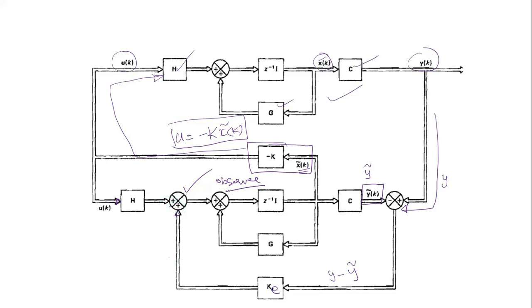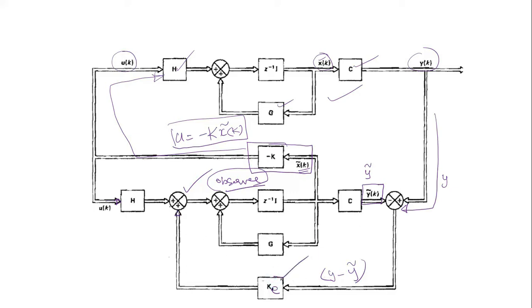Instead of duplicate system, I will be calling this observer. So the output error multiplied by ke will be given to the observer, and this gain ke will be controlling. It's now like a closed feedback system.